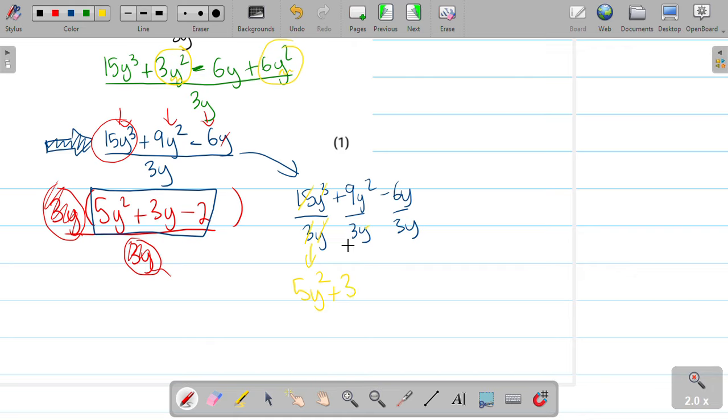The y's cancel, and you're left with 1y. And then the y's cancel here, and the 6 divided by 3 is 2. So it'll be negative 2. And that is the other way of doing it, where you separate the terms on the numerator part, and then you divide all of them by the only denominator there is.